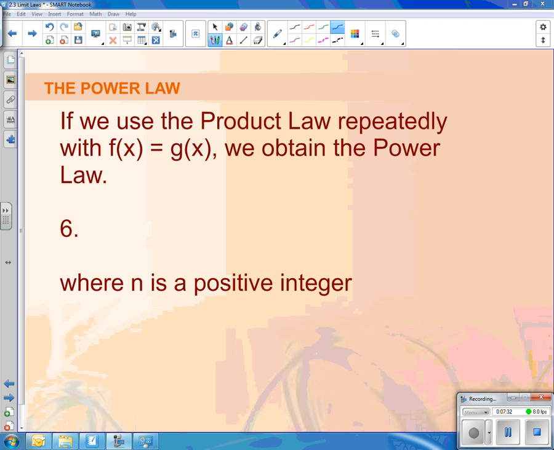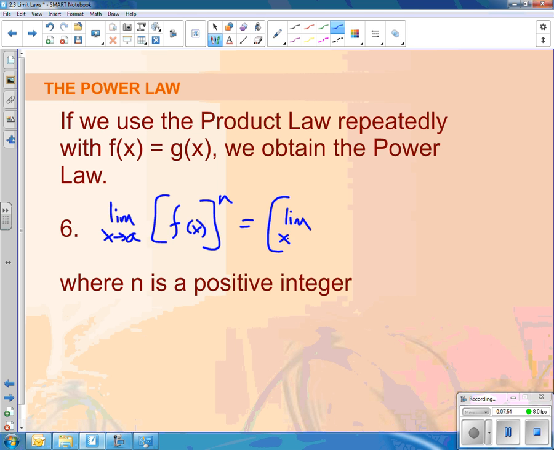Okay, so in our sixth limit law, what we have is the limit as x approaches a of f of x raised to a power. In this case, we're going to use n to represent the power, the exponent. So the law says that we can actually find the limit as x approaches a of the function f of x, and then that gets raised to the same exponent.